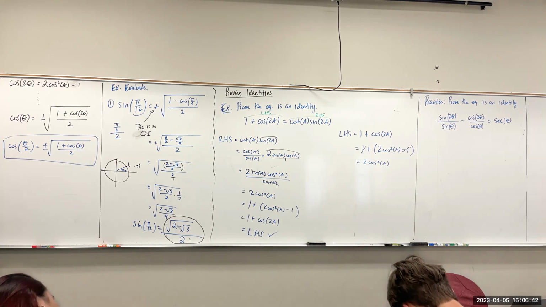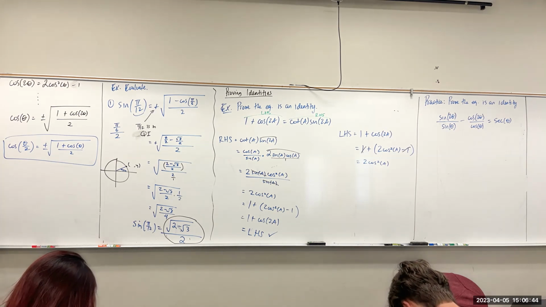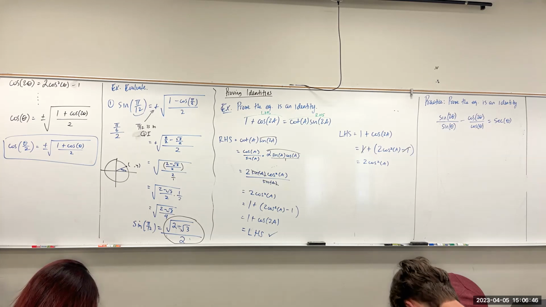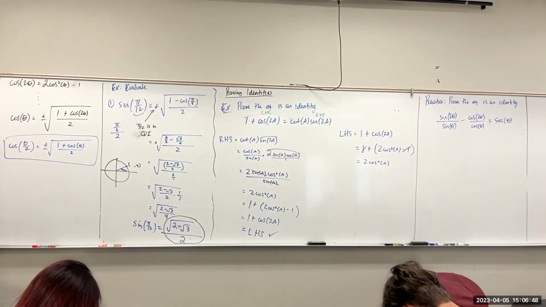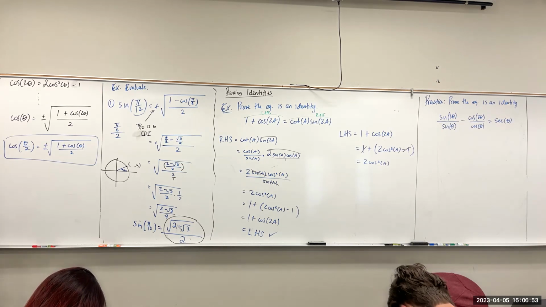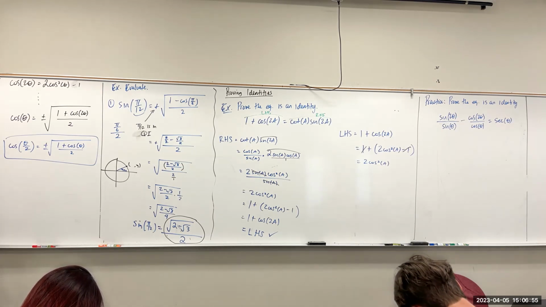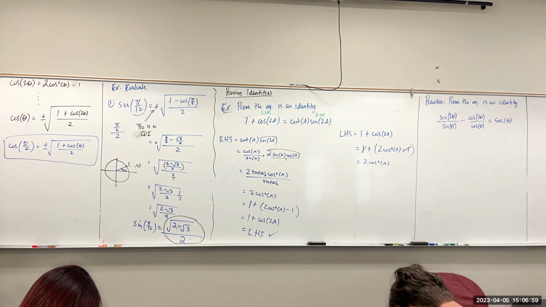So then it would just be 2 sine theta cosine theta, subtract cosine squared theta over that, but then there won't be anything at the bottom.